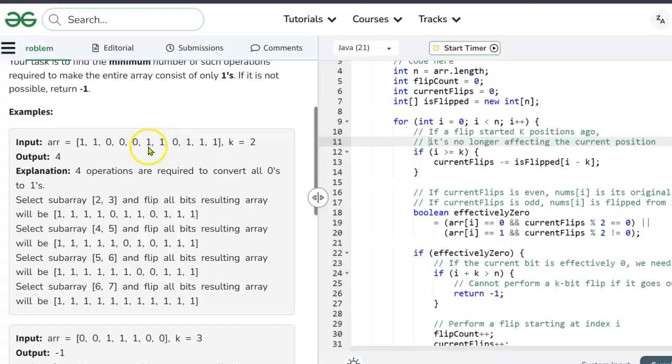This 1 is now going to be a 0. So they're going to flip that. The 0 will go back to a 1. This 1 will go to a 0. Then we'll have all ones except for 2 zeros in this position. And we can flip them. So that's four flips. Okay.